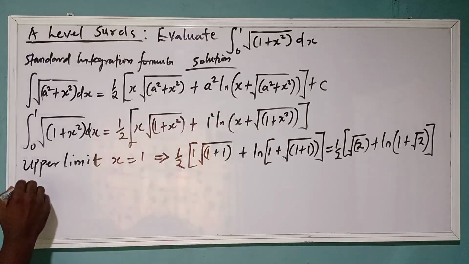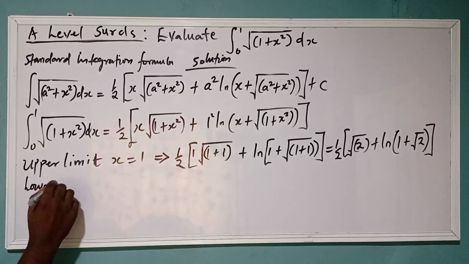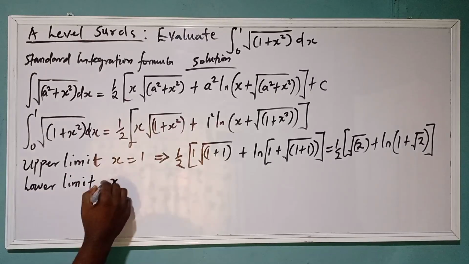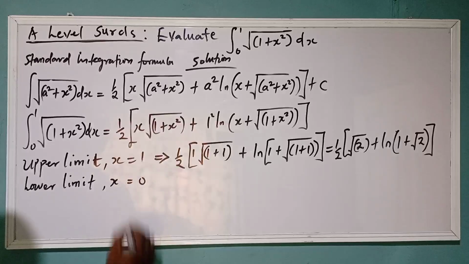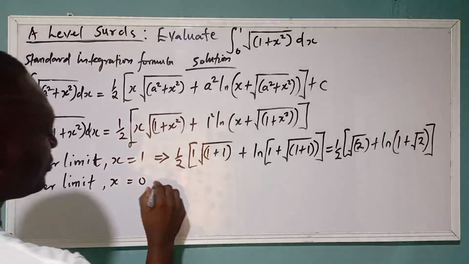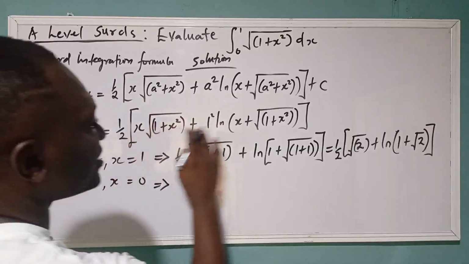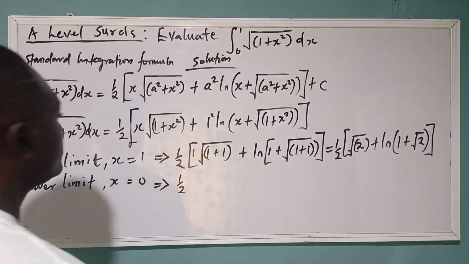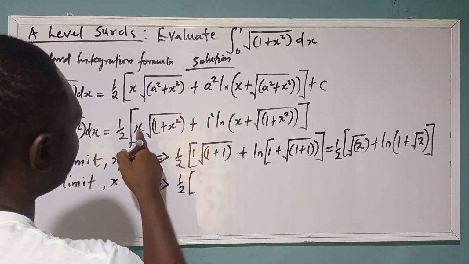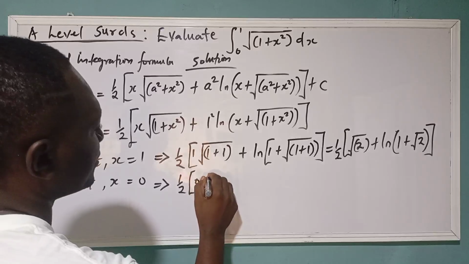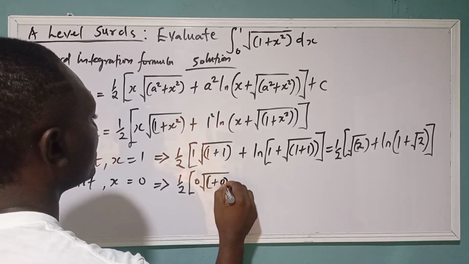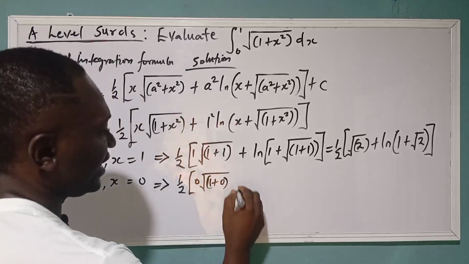So let's go to the lower limit. Lower limit as x tends to 0. So we'll put 0 anywhere we see x. So we have 1/2 open bracket, this becomes 0, square root of 1 plus 0 squared, 0 squared is 0, right?